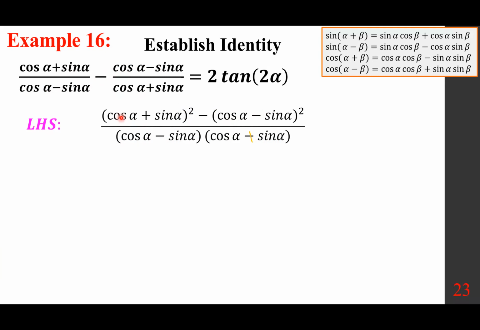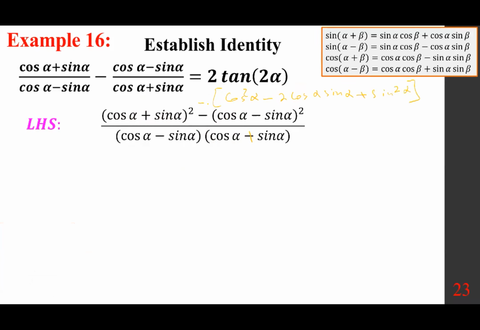Cosine squared plus 2 cosine alpha sine alpha plus sine squared, minus, in brackets, cosine squared minus 2 cosine alpha sine alpha plus sine squared. Let me write that because I want to apply the negative.